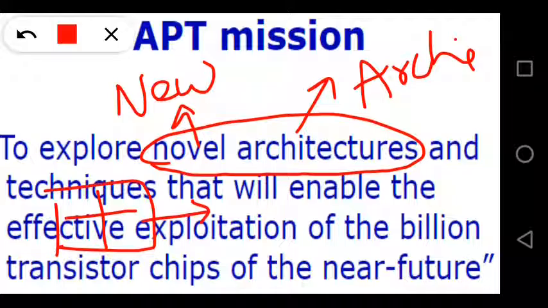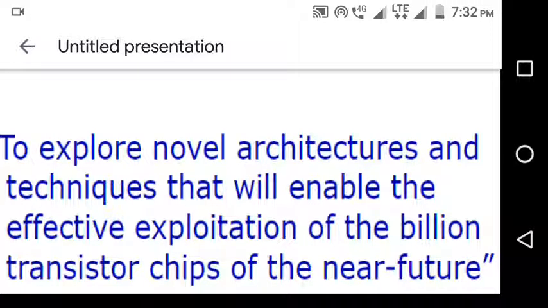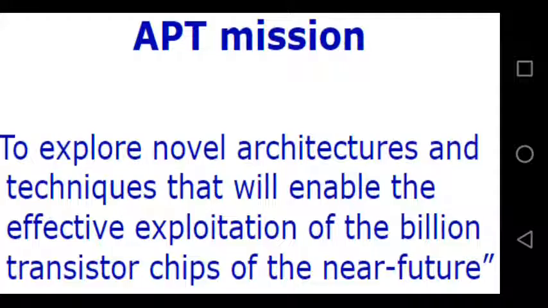So to explore new or novel architectures and techniques that will enable the effective exploitation of the billion transistor chips of the near future.